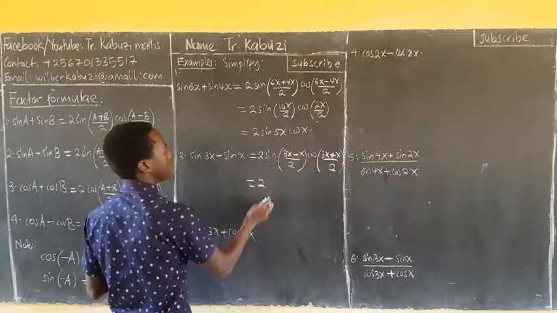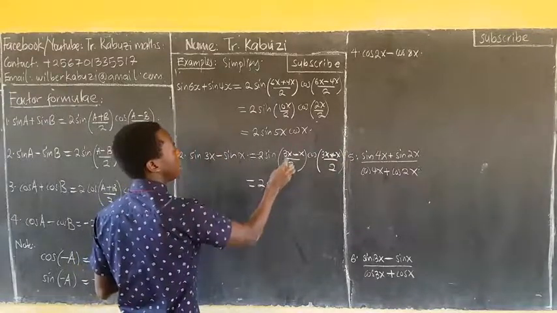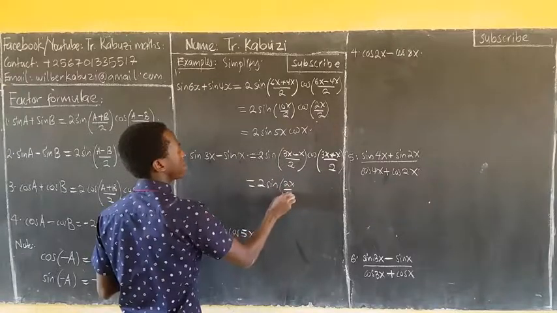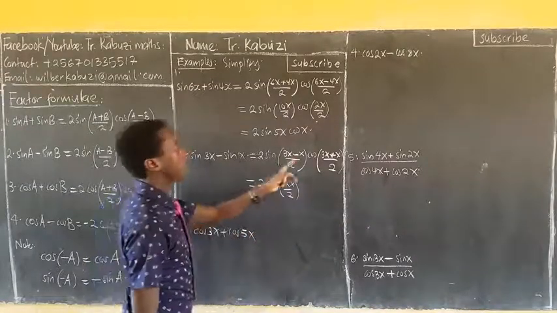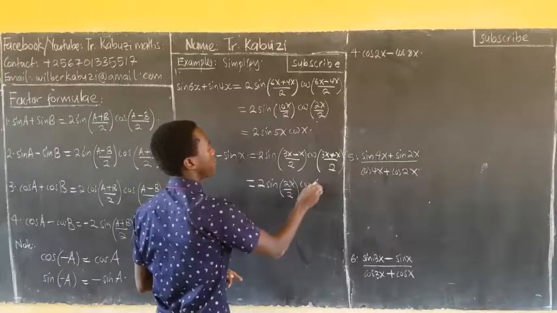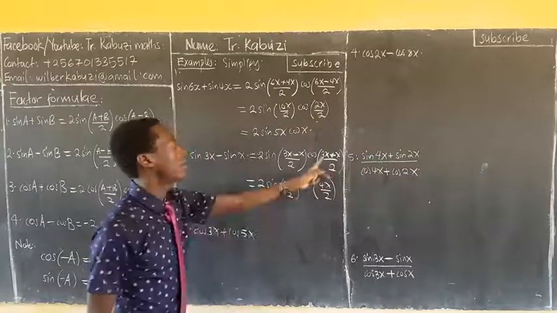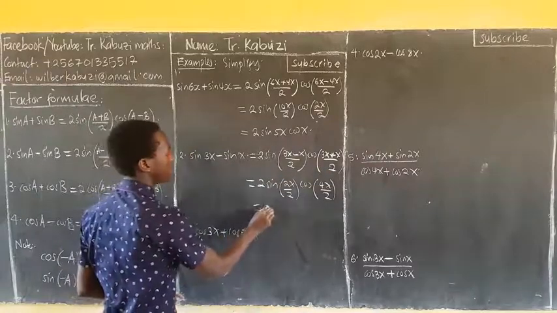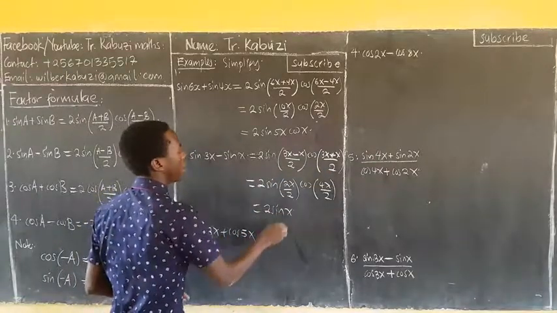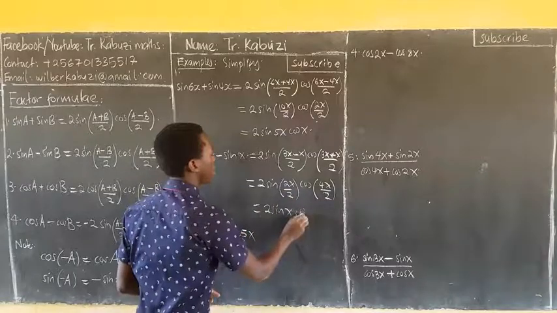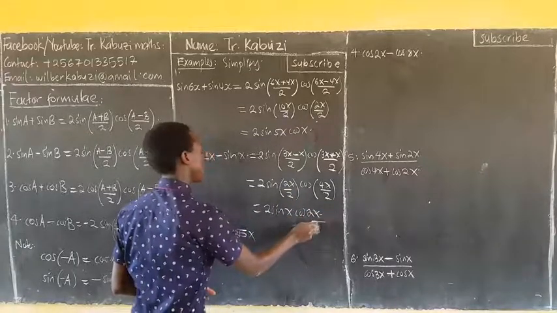This becomes 2 sine of 2x over 2, then cos of 4x over 2, which gives you 2 sine x cos 2x.